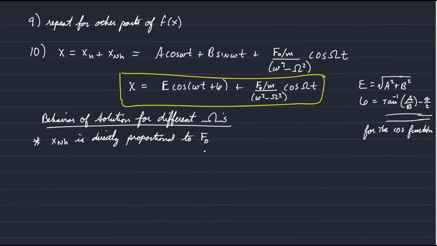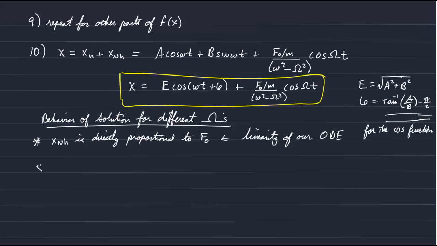So if we were to double the force by which we push on our mass, then the response would also double. And so this is an aspect of the linearity of our ODE. The response is directly proportional to the force.